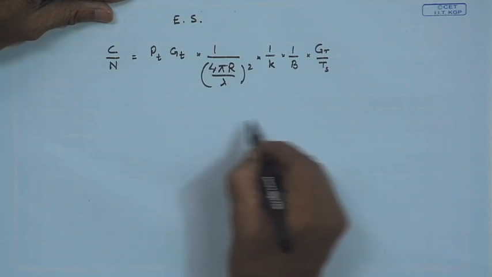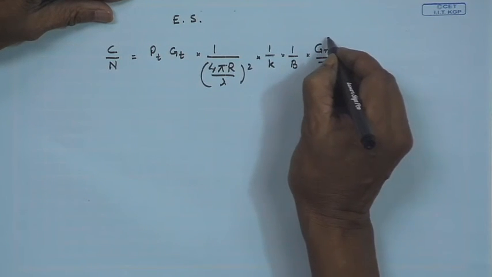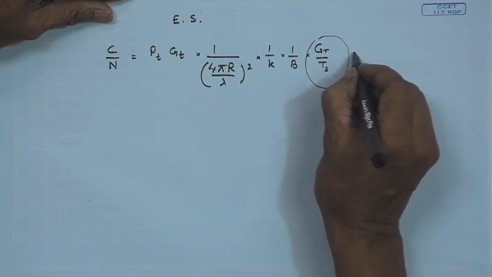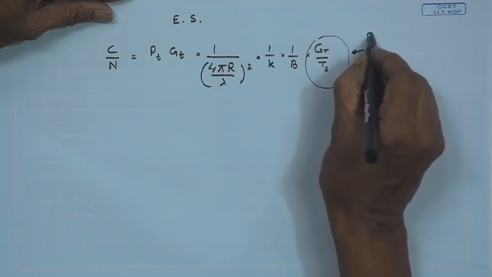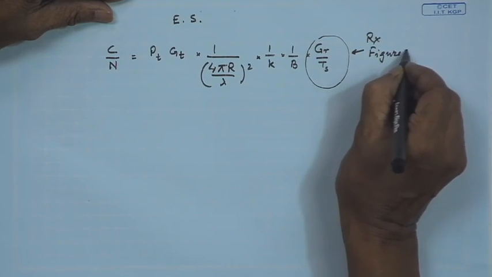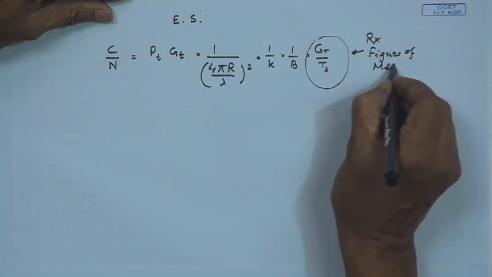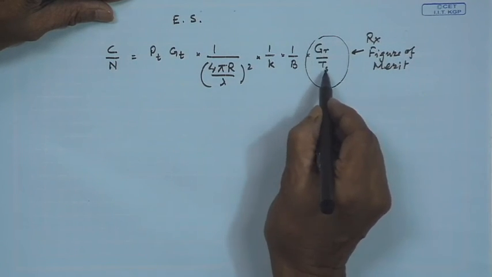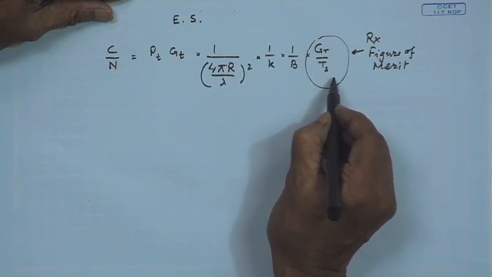But in this, the important thing is this particular term, G by T, which is called the receiver figure of merit. It talks about the receiver antenna gain and the receiver noise temperature.